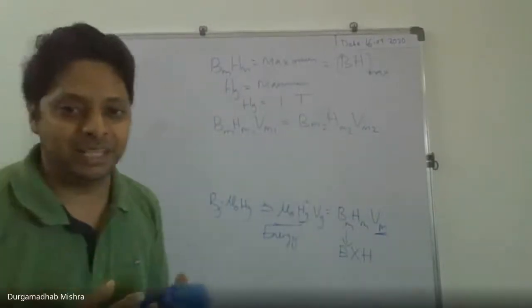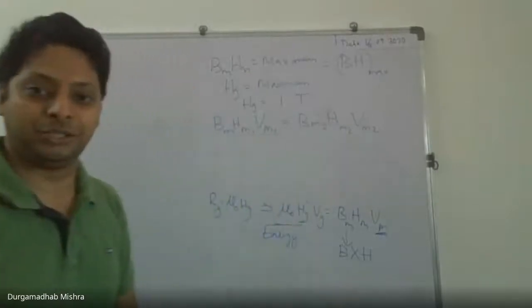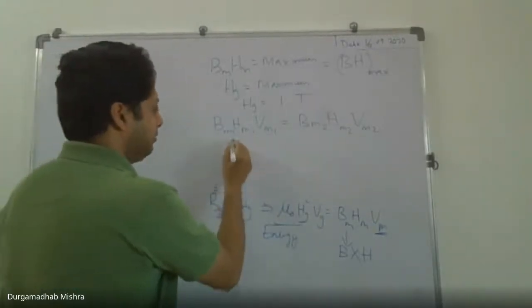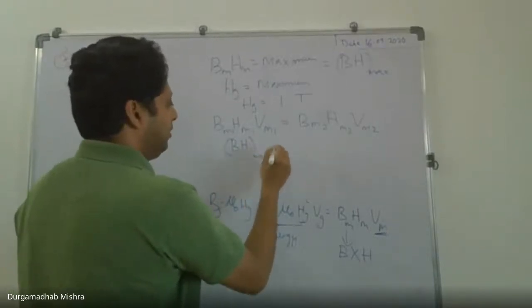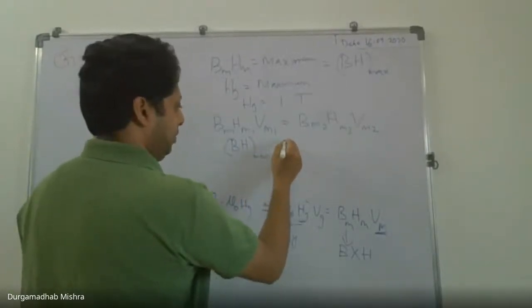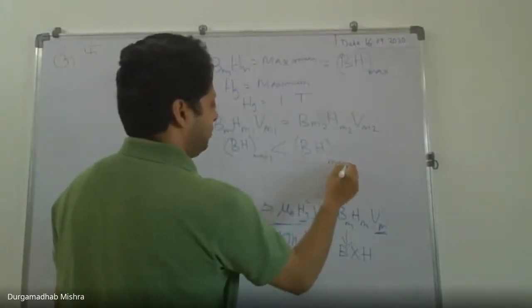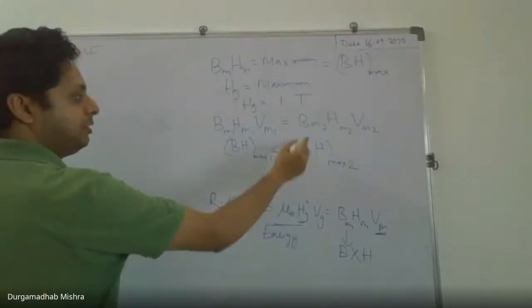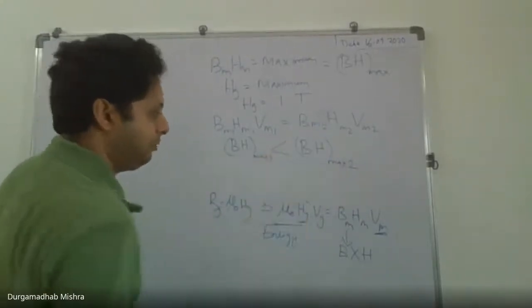So if I design a material which has a higher BH max, let's say BH max 1 is less than BH max 2, so the BH product for material 1 is less than material 2.